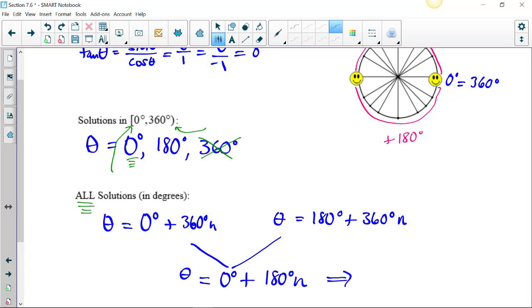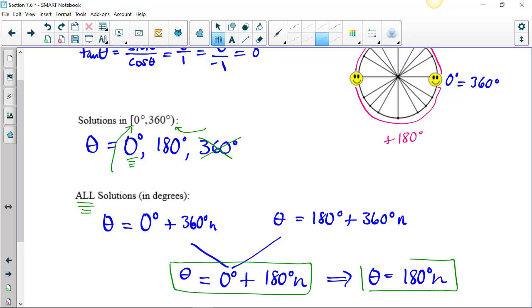Or we could even make it more basic and just say 180n, because if n is 0, then I get 0 degrees. So all are acceptable, but it's probably better to get one expression that calculates it versus two of them as we had originally.